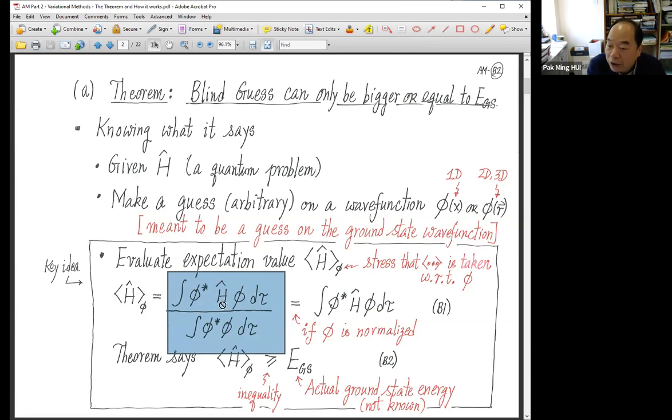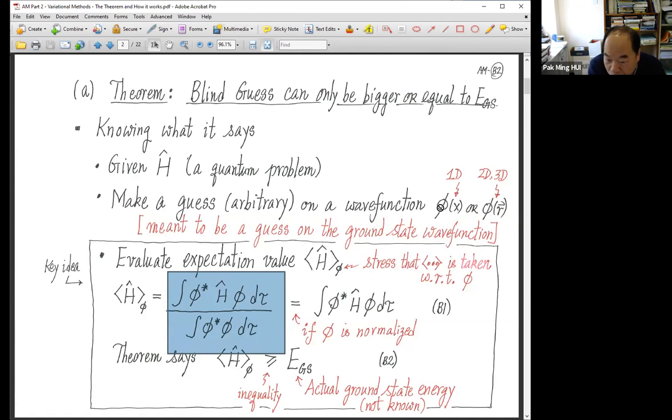You make your educated guess of a wave function. Then you can, of course, calculate this integral on top, phi star H phi, same thing on the left and the right. Do this integral.